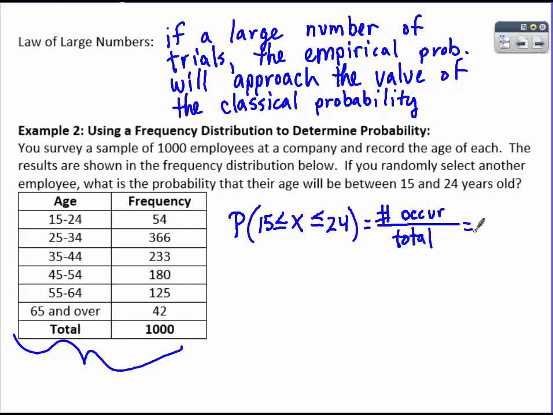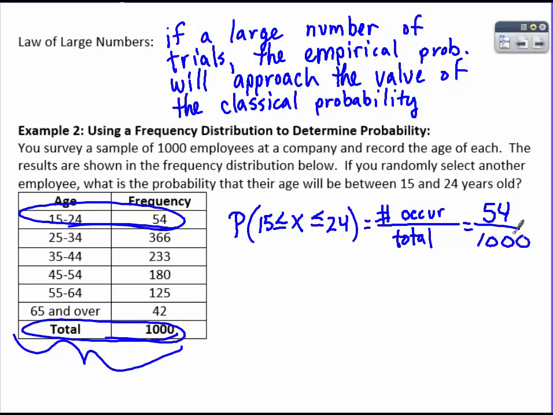So, how many times did 15 to 24-year-olds occur? Right here, 54. So I have 54 over the total of 1,000. Right? So there's my probability, 54 out of 1,000. Now, of course, I can reduce this down, but going off of the fact that I currently do not have a calculator attached to my hand, I'm going to leave it just like that.